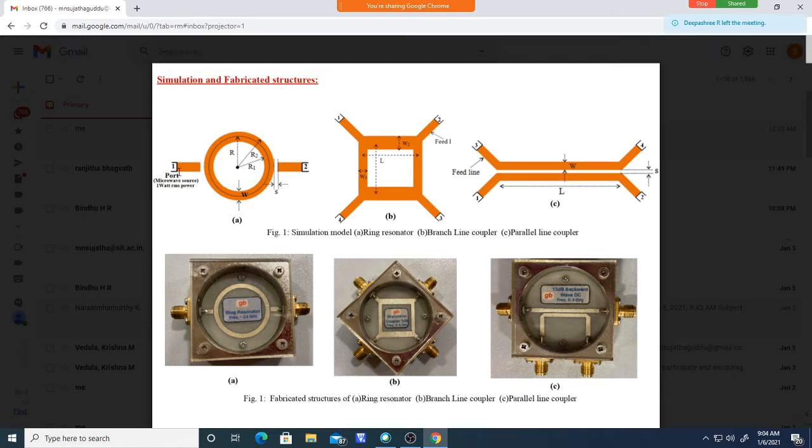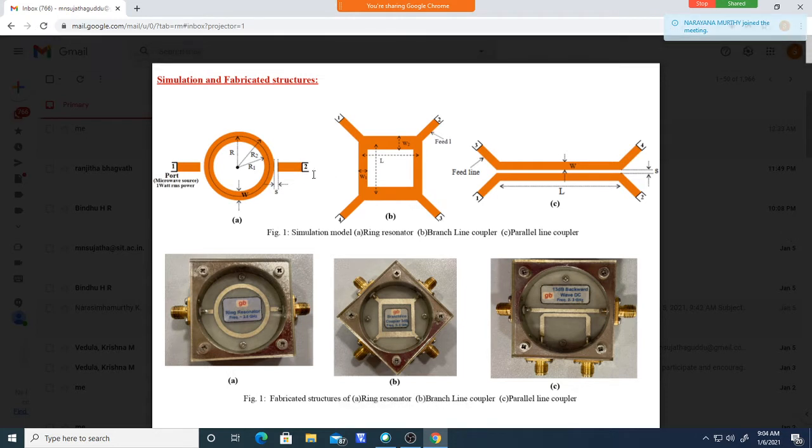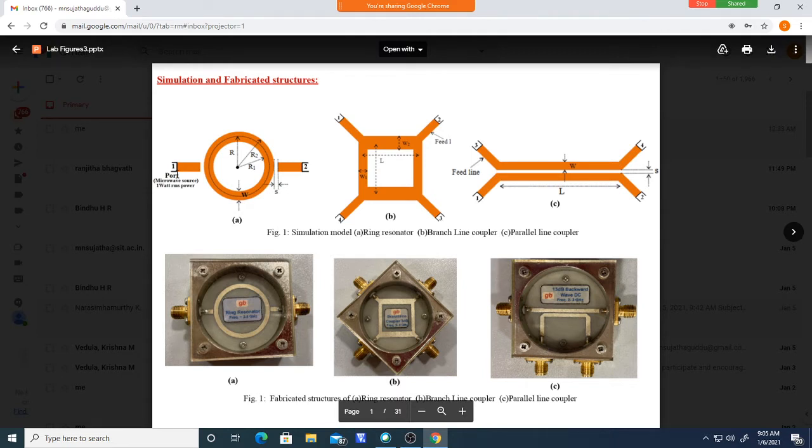We can vary the frequency of this source, and also we can receive the signal at the other port. We kept the port voltage, which is actually power in dBm. We set 0 dBm power here.